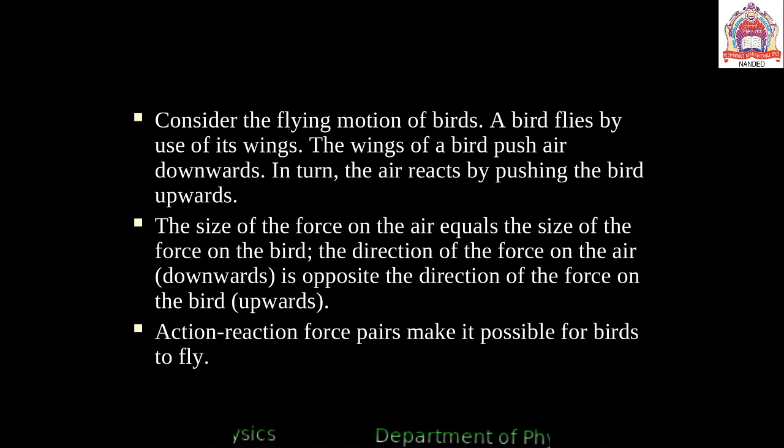In turn, the air reacts, pushing the bird upwards. The size of the force on the air equals the size of the force on the bird. The direction of the force on the air, downwards, is opposite the direction of the force on the bird, upwards. Here the action and reaction take place in the form of force pairs, making it possible for birds to fly.